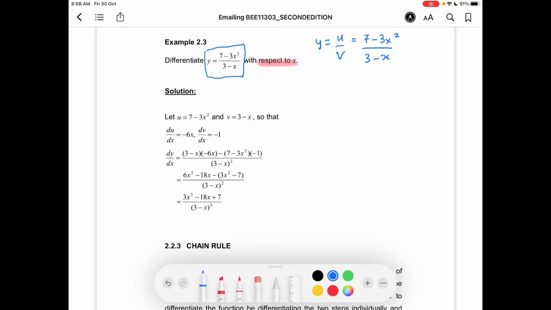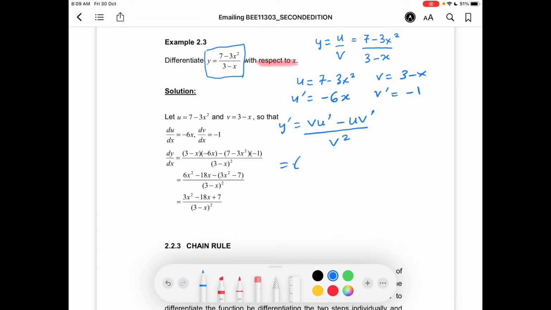Now let's do this one by one. The solution for this is, first of all, you split it up. Sorry, wrong copy. u is 7 minus 3x squared, and v is 3 minus x. So we find u prime, which is minus 6x. The v prime here is minus 1. Then you just plug into the formula: y prime is v u prime minus u v prime over v squared.